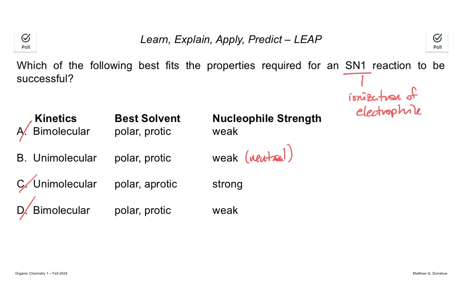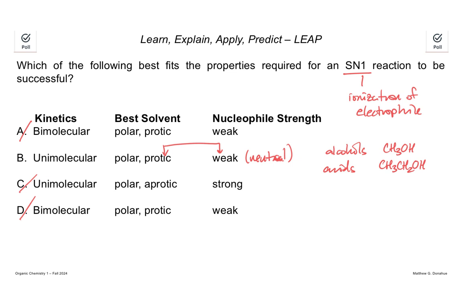So I guess the key for that is that the solvent and the nucleophile are essentially the same thing. They're usually alcohols or carboxylic acids. And for the most part, they're the lower molecular weight alcohols.